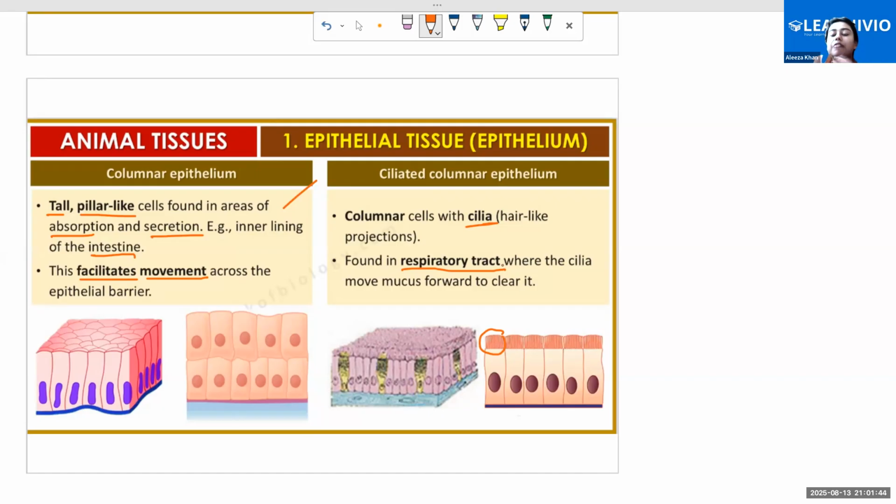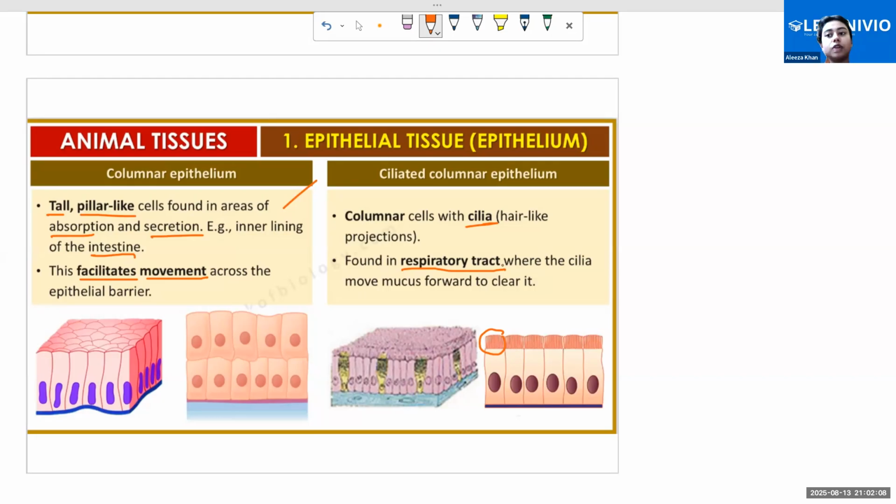So why do you have cilia? Why are these hair-like appearances present? To block the particles, to prevent the unwanted particles from entering into your respiratory tract.